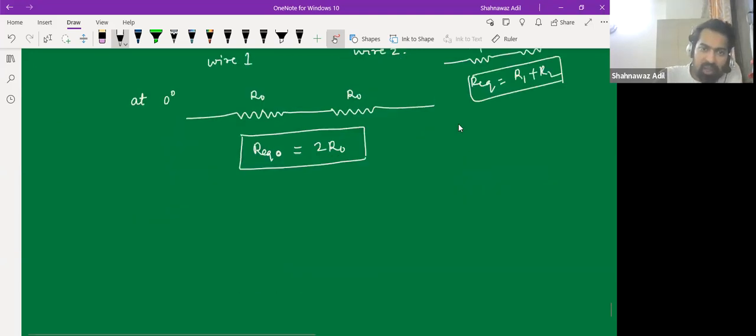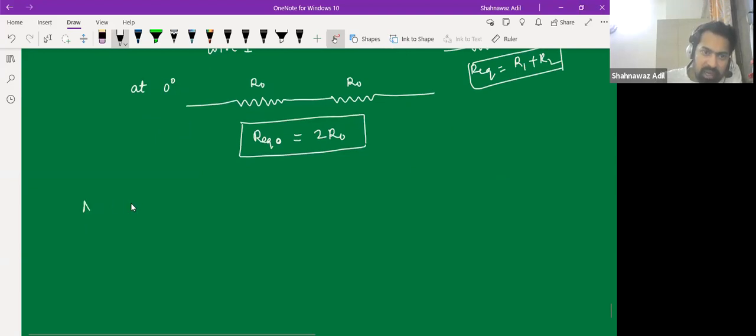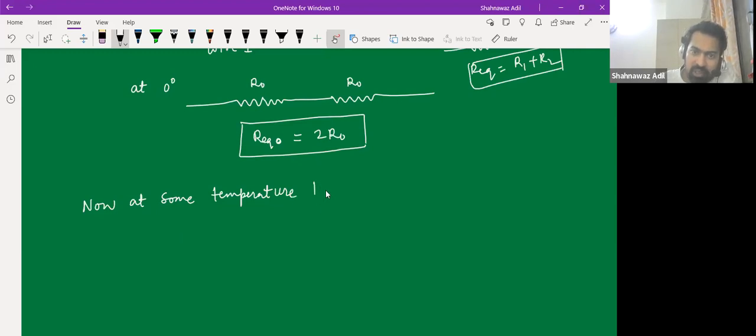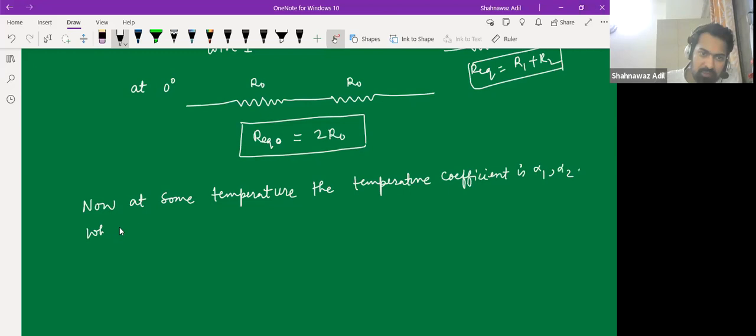Now, at some temperature, the temperature coefficients are alpha 1 and alpha 2. So the question is: what is the equivalent temperature coefficient?